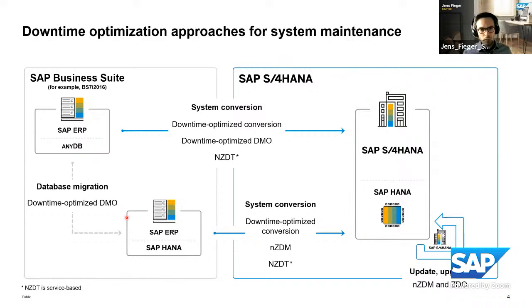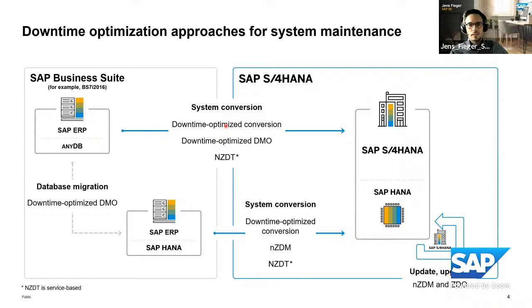As usual, we want to reduce downtime, and that goes along with carving out things. In the DMO case, it's the uptime migration of tables that will be carved out into the uptime handling. Now you can see downtime optimized DMO is also applicable to a system conversion to SAP S/4HANA if the source system is not yet on SAP HANA.